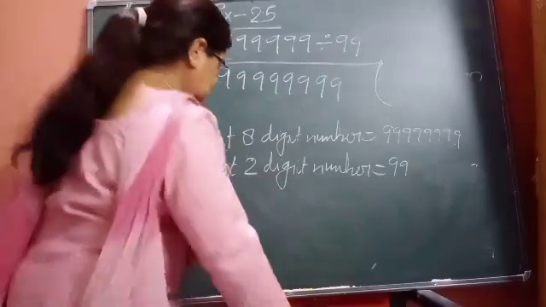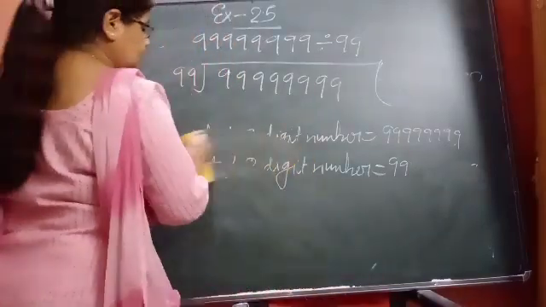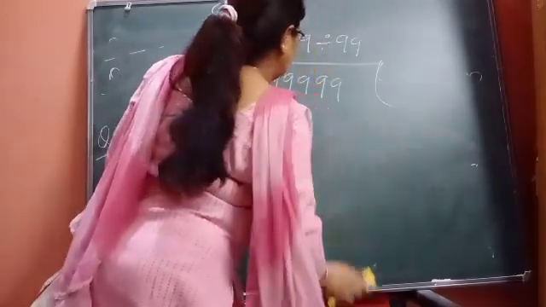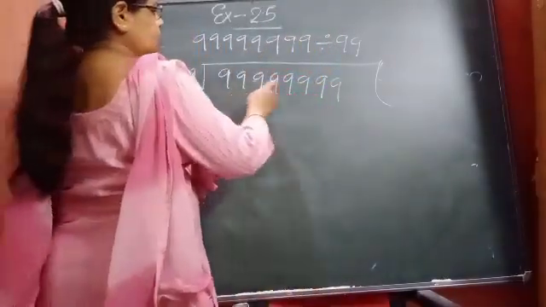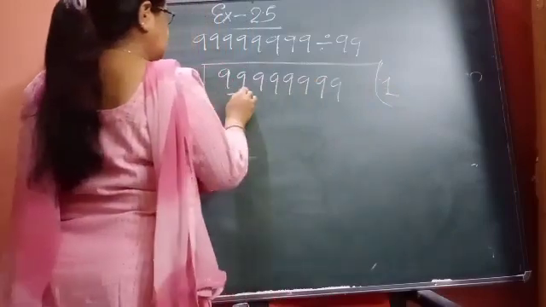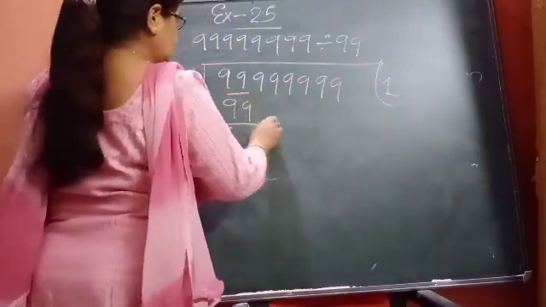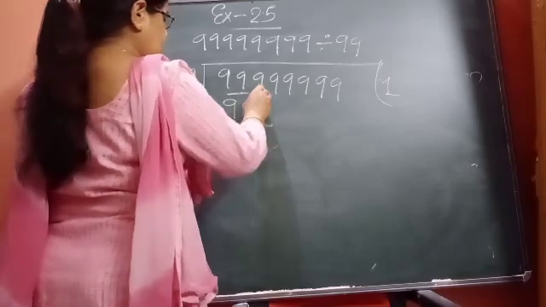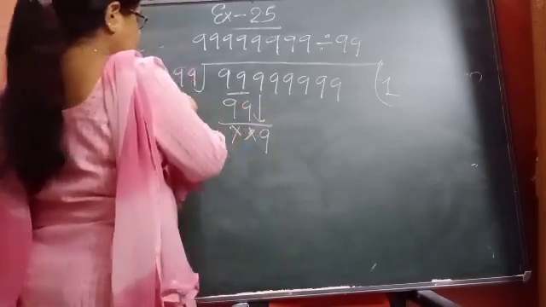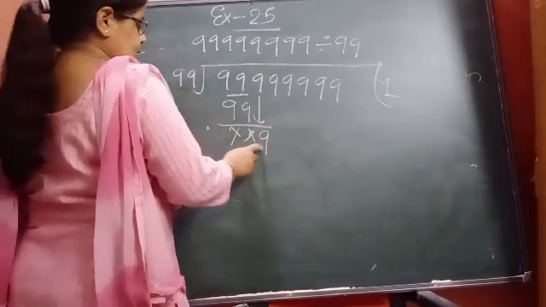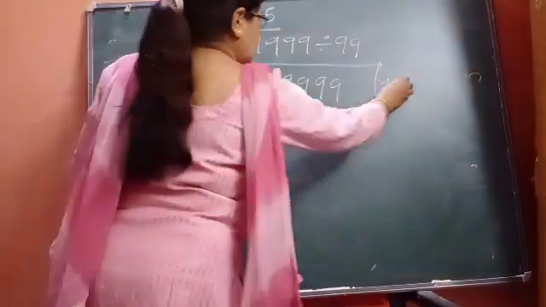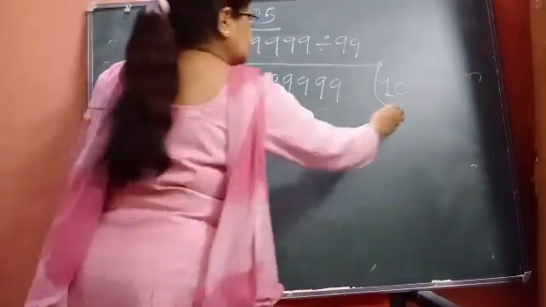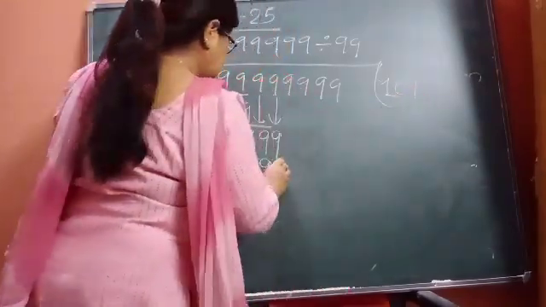Okay. Now just perform the division. 99, 1 time, in this 2-digit you will make 99. Then here nothing will remain. Bring down this 9 here. 99 is greater than 9, so division is not possible. Put 0 here and bring another 9. So again 99, 1 time, 99.